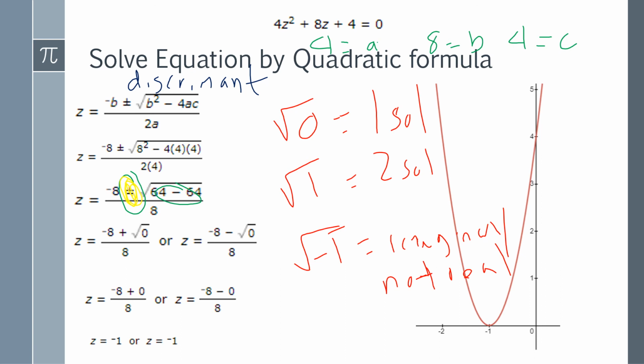So remember, if the number inside the square root is greater than 0, you get 2 solutions. If it equals 0, like in this case, you get 1 solution or 0. But if it's less than 0, you get imaginary numbers. Going back to the graphs that I showed you earlier.